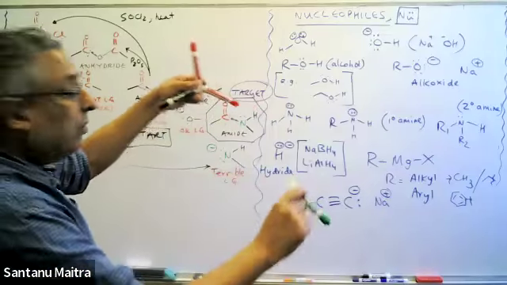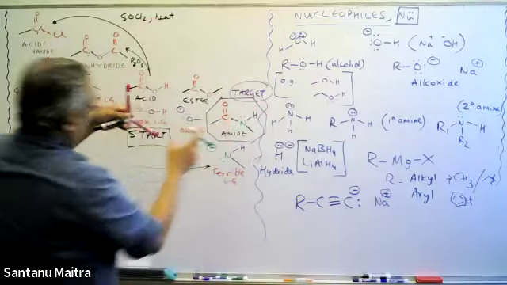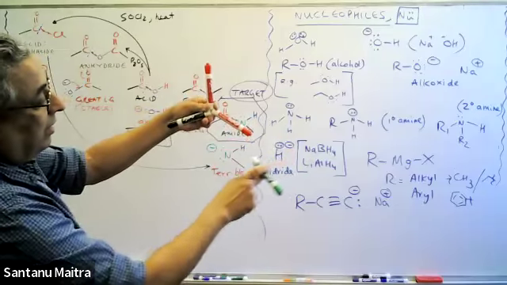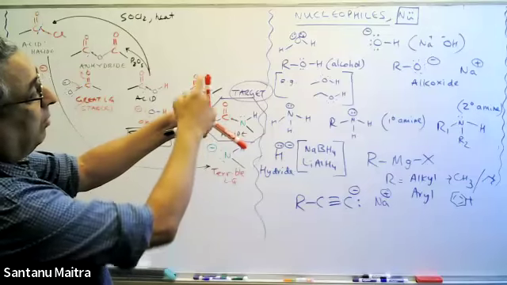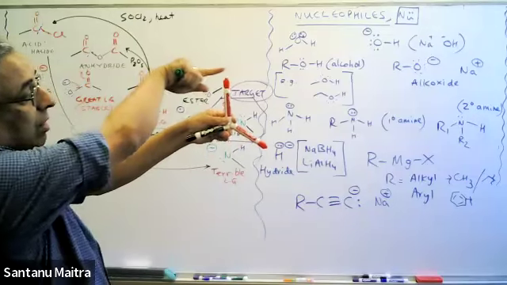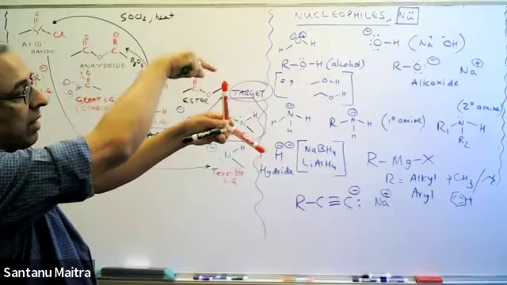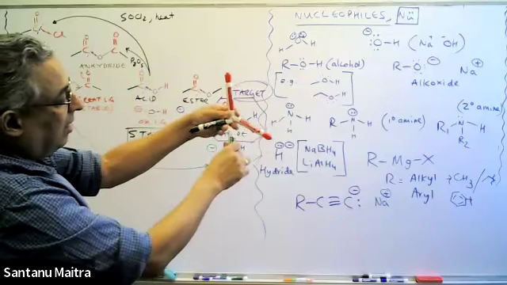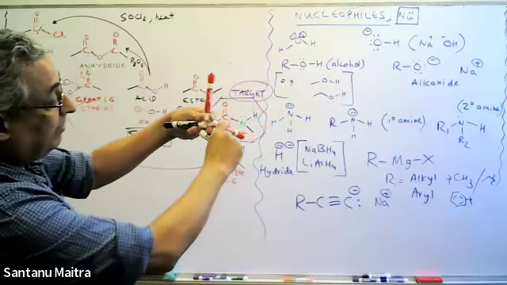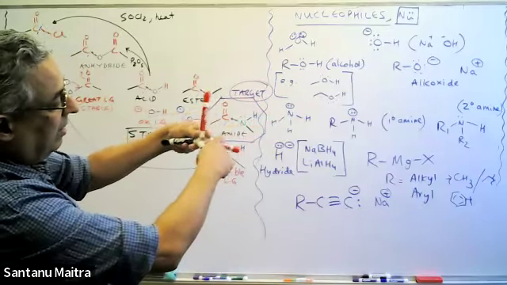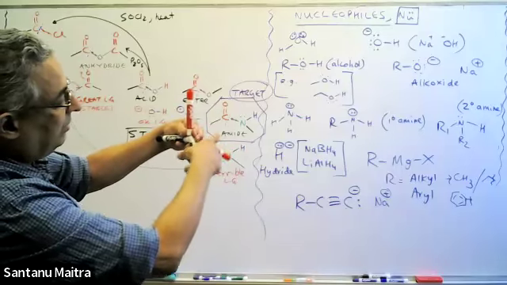All you have to do is bring in the incoming group so that it can attack the carbonyl carbon, push the double bond on top of the oxygen. The oxygen kicks back, then it gets stuck here. You get the tetrahedral intermediate. It's going to have a tetrahedral shape. I wish I had more dexterity.